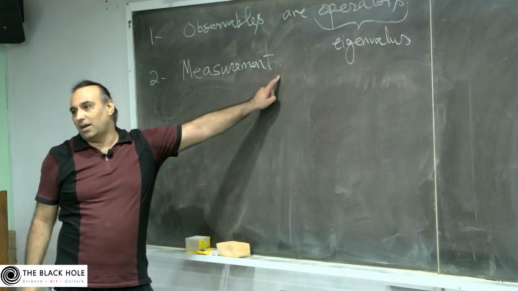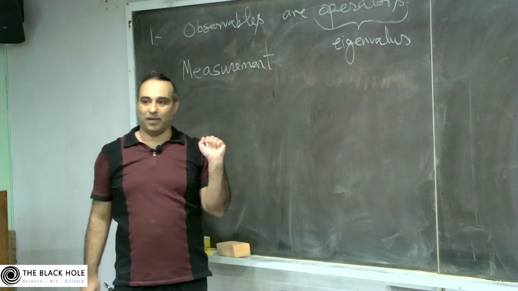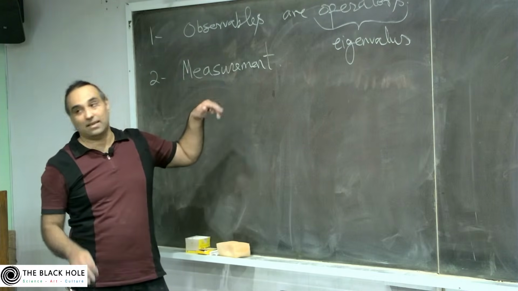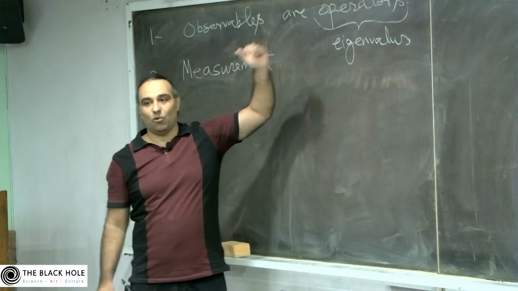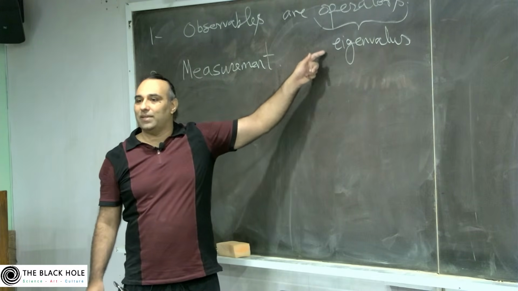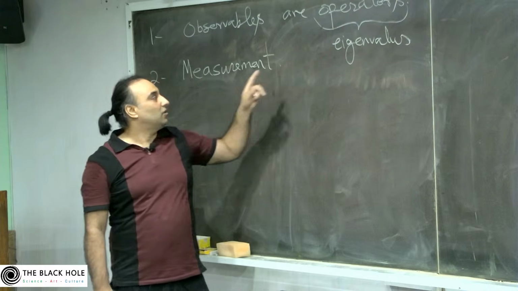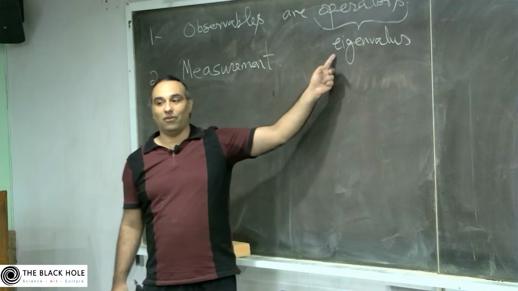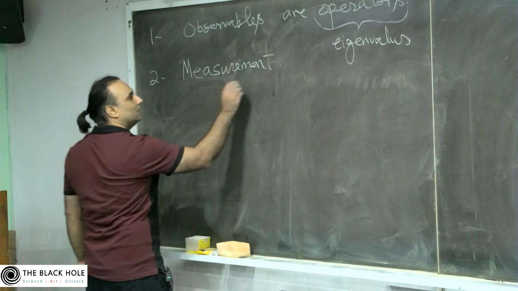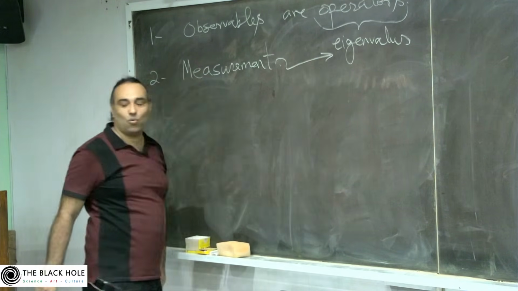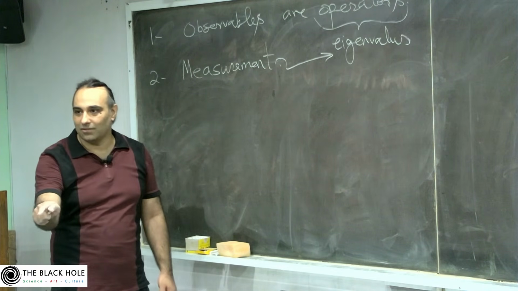The only outcomes of a measurement are eigenvalues of the corresponding operator. Every physical quantity has its operator, we call them observables, and every operator is Hermitian, and it has its eigenvalues and eigenvectors. So whenever we measure that thing, we are going to get some eigenvalue. One measurement will give us one eigenvalue.